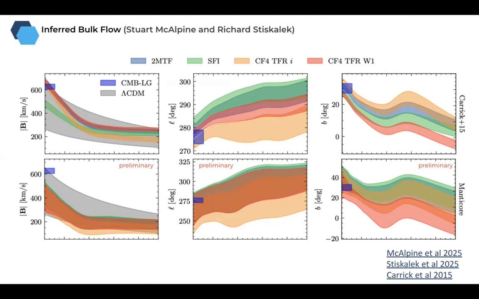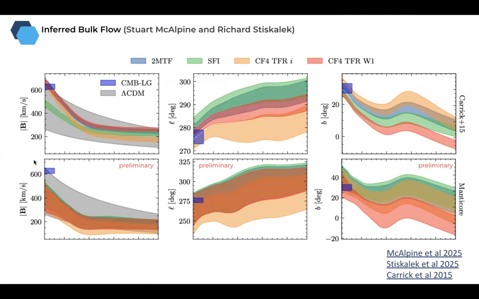What we are showing here in the upper panel are the bulk flow measurements as a function of distance. And in the blue boxes, we have the directions and magnitudes for the CMB local group directions.